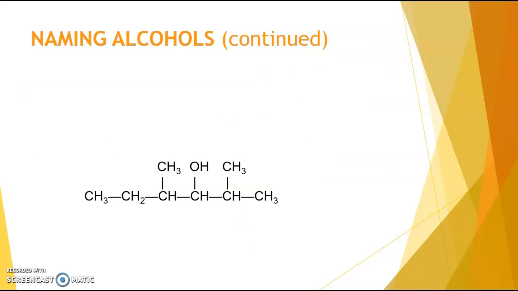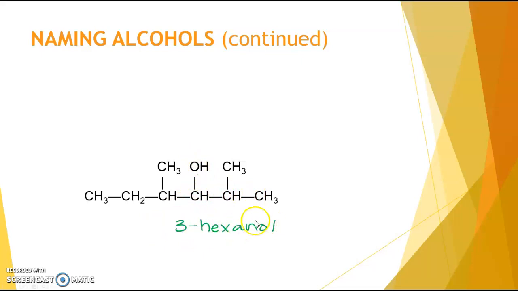So let's look at another one to continue on with some steps. If we were going to name this, it has that hex. It's 1, 2, 3, 4, 5, 6, right? And the hydroxyl group's still on the third, so I'm still really dealing with some variation of 3-hexanol.